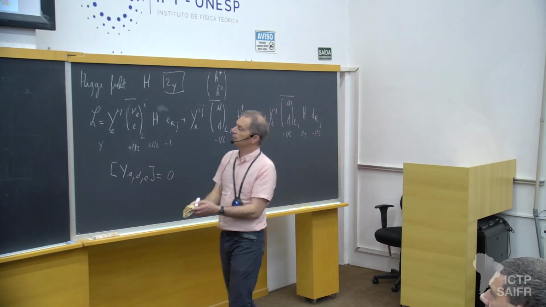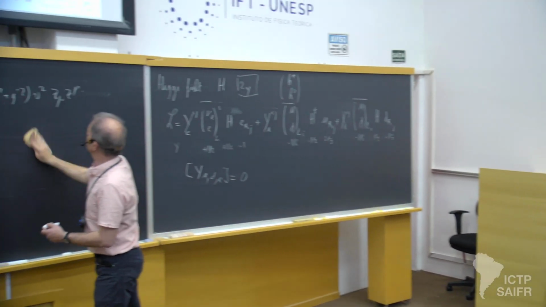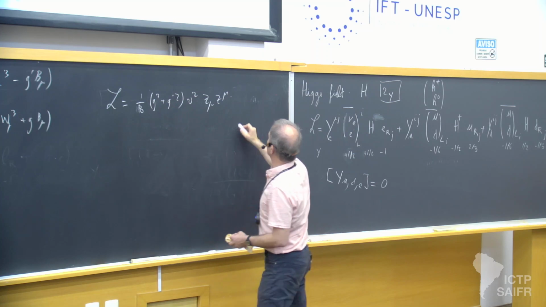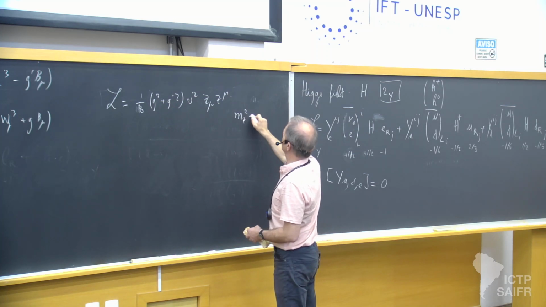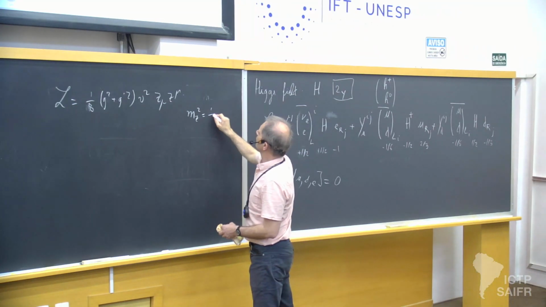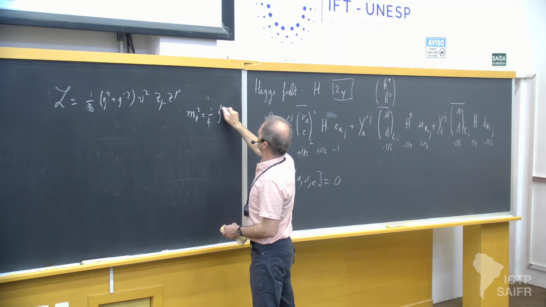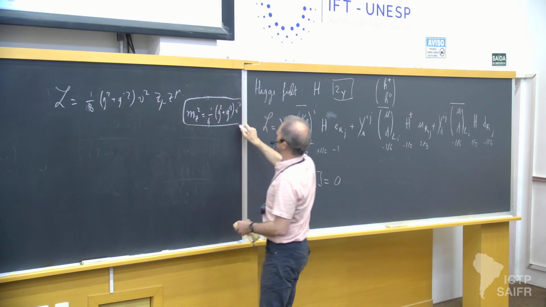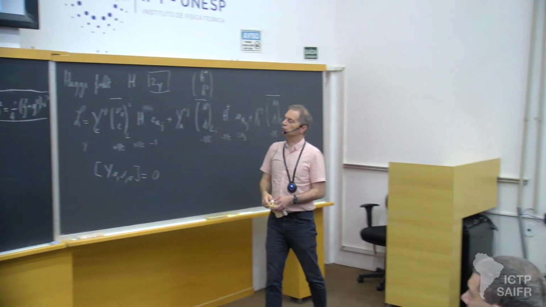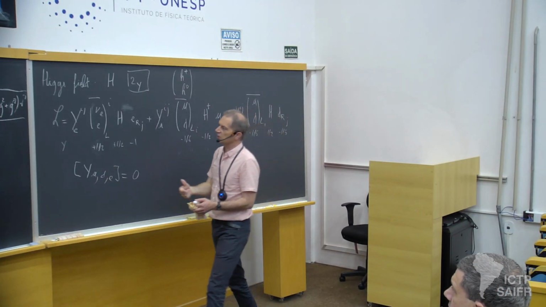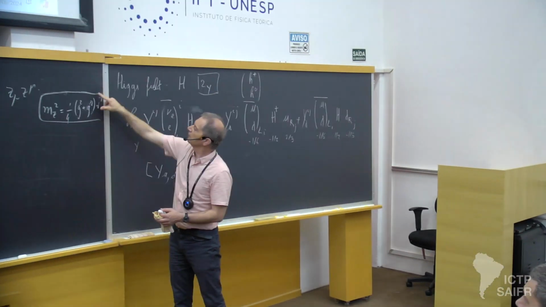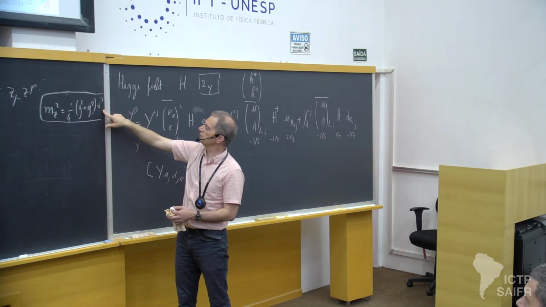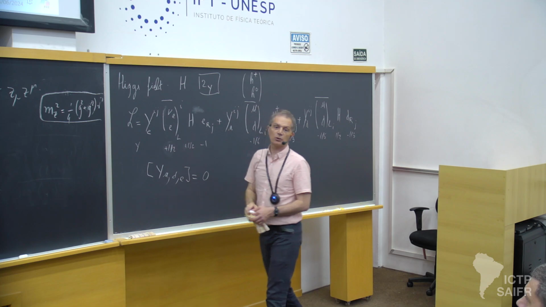So that's exactly a Z boson with a mass for the Z. The mass of the Z squared is equal to 1/4 G squared plus G prime squared V squared. Right? So you have identified the mass of the gauge boson, which is simply the vacuum expectation value of the X times the gauge couplings.